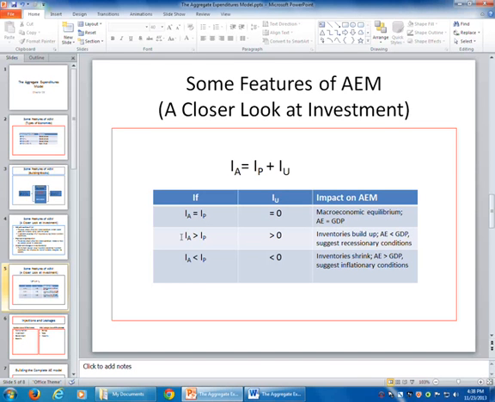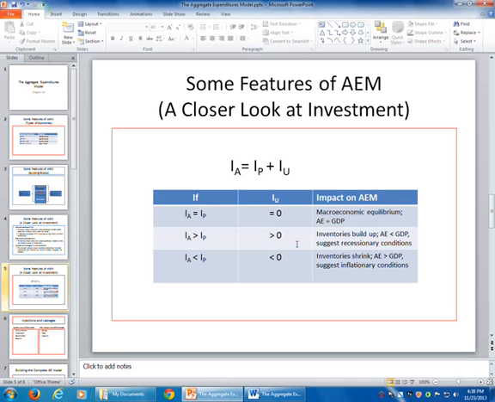Now, if how much businesses spend exceeds how much we want them to spend, so if actual is greater than planned investment, that's going to cause inventories to be excessive. Inventories will start to build up, because businesses have kind of overdone it. They spent more than we wish. And so when inventories build up, it's going to be indicative of GDP being greater than aggregate expenditures.